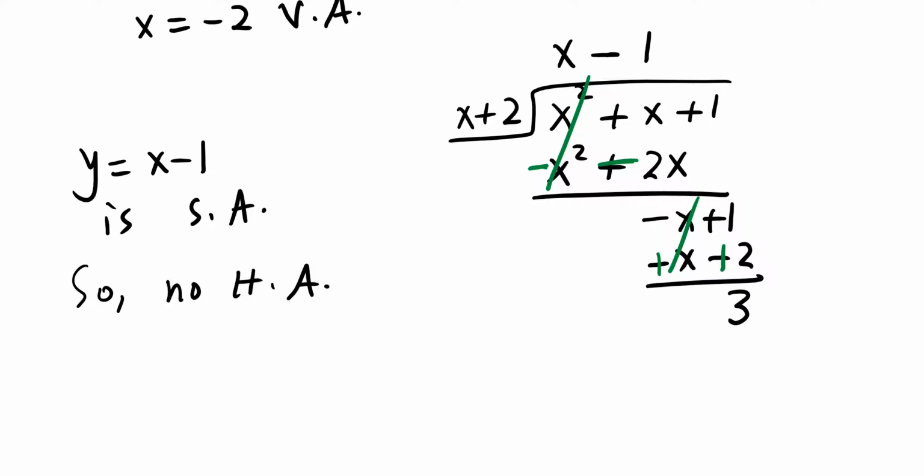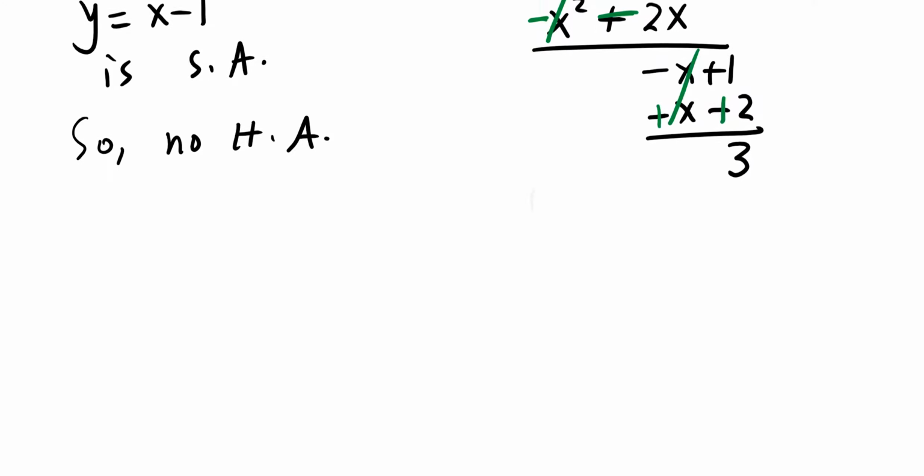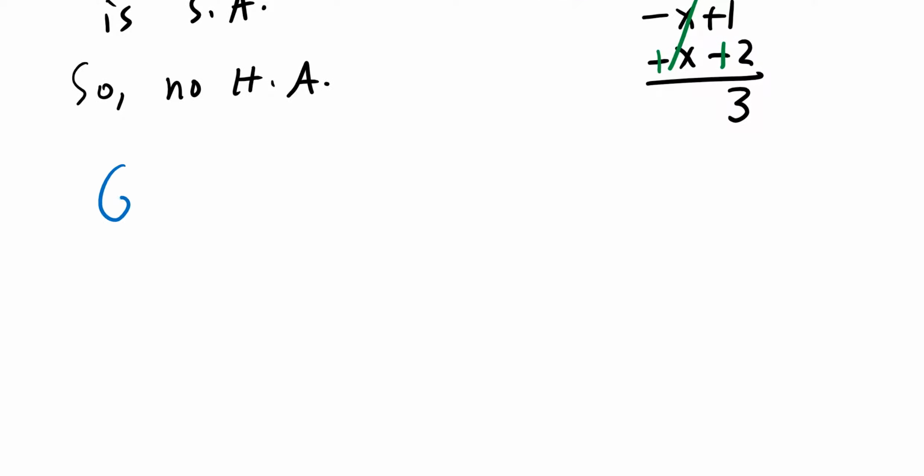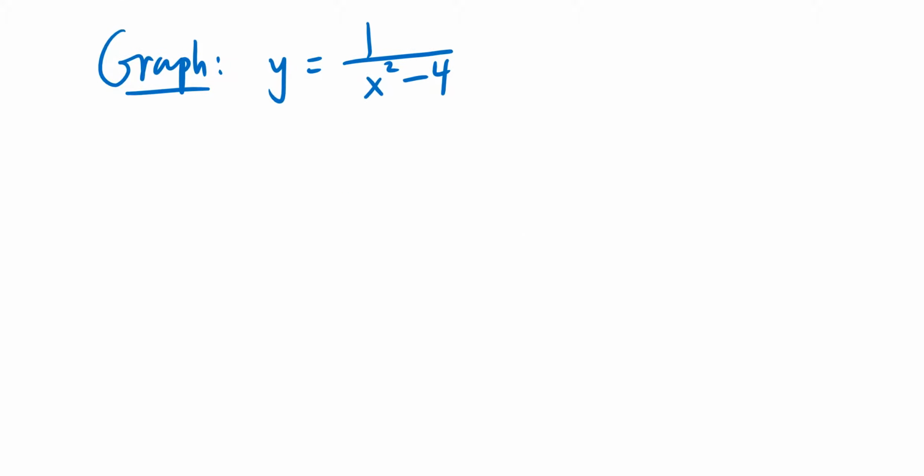Now we're going to take whatever we learned and graph y equals 1 over x squared minus 4. Okay, so the first thing is domain.